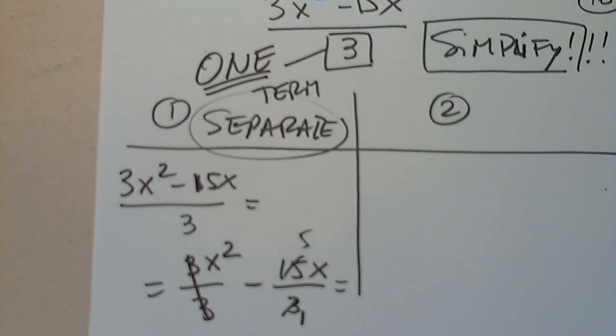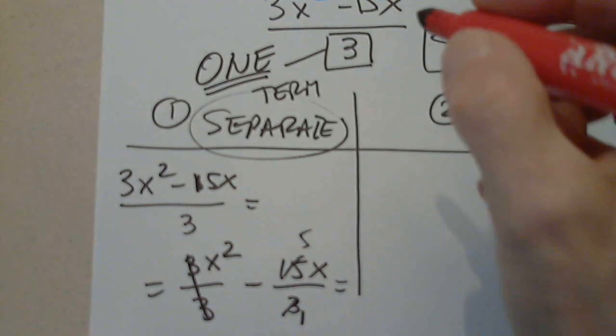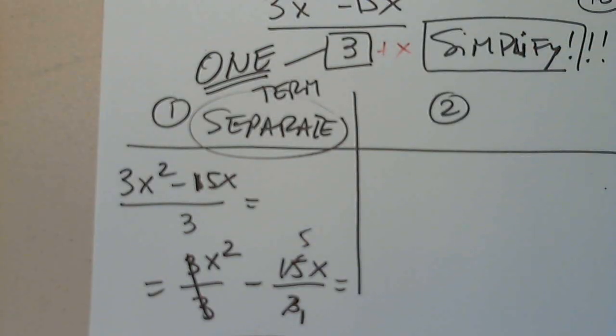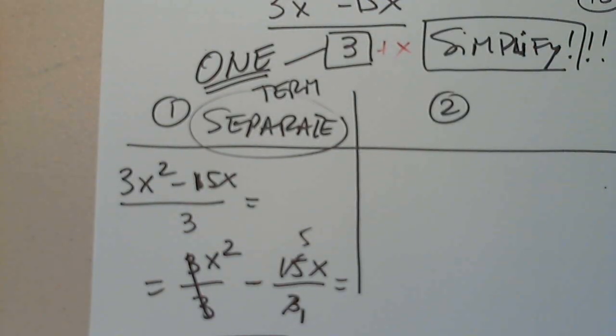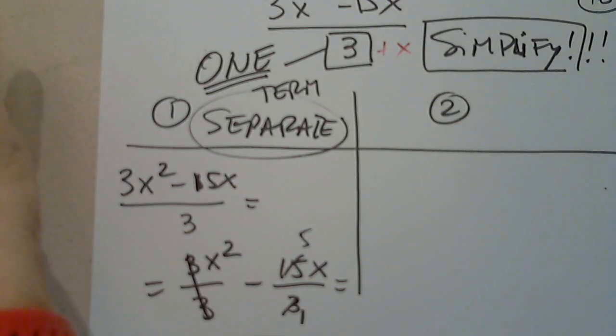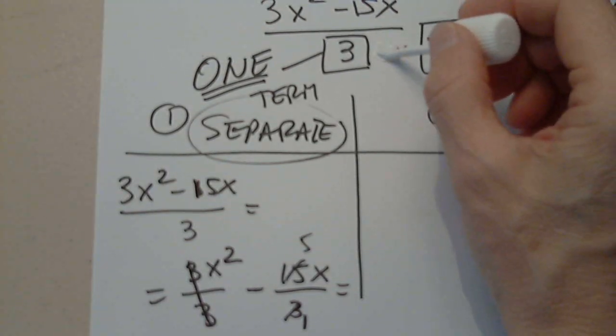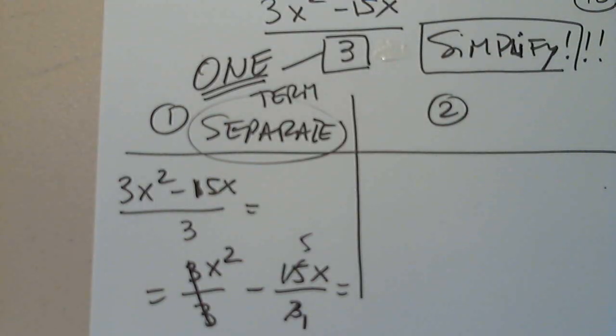If I have here plus x, there is no point in separating. It's not going to work. I will not be able to simplify. But I have only one term. If I have only one term in the denominator, I can separate into fractions.